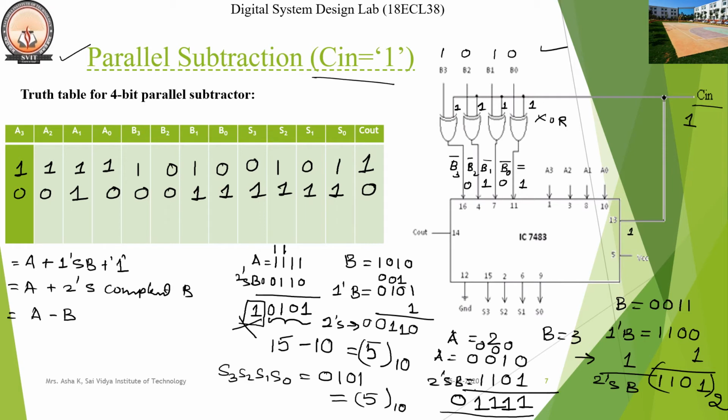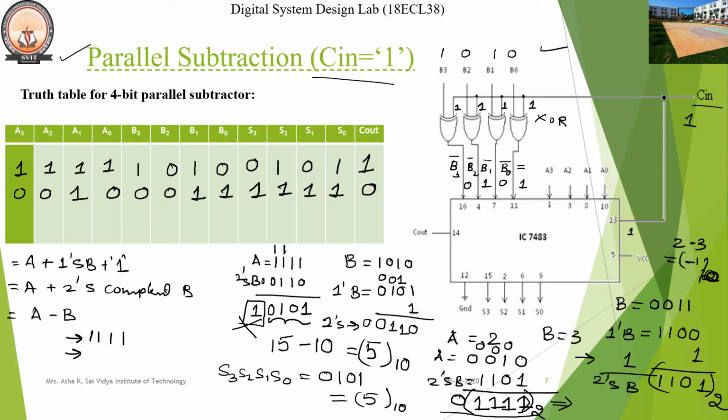Let us consider what is this particular number. This particular number is nothing but the 2's complement of the answer of 2 minus 3. 2 minus 3 that we are going to get here, it is minus 1 in decimal number system. Consider 1 1 1 1. This is our negative answer.